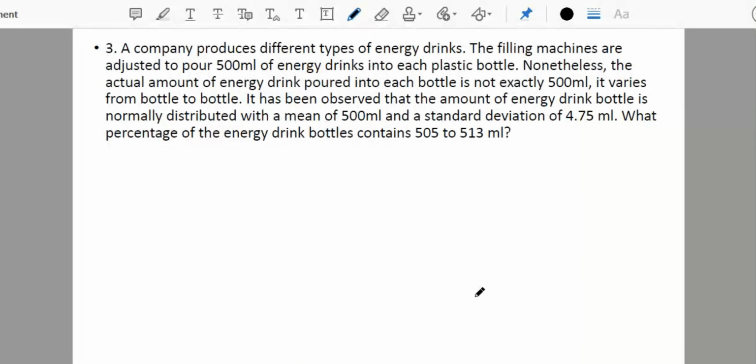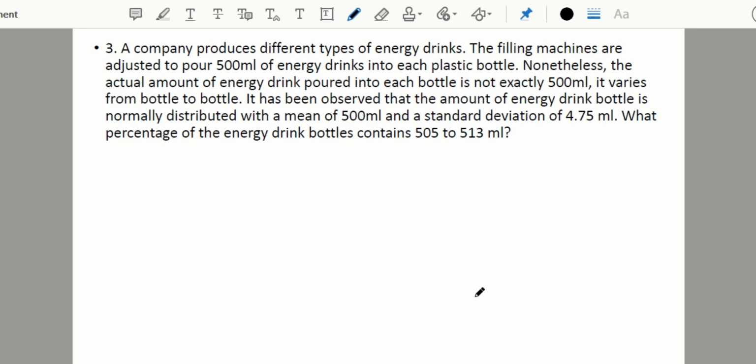Next, a company produces different types of energy drinks. The filling machines are adjusted to pour 500 ml of energy drinks into each plastic bottle. Nonetheless, the actual amount of energy drink poured into each bottle is not exactly 500 ml. It varies from bottle to bottle.